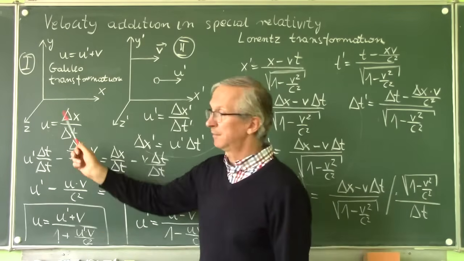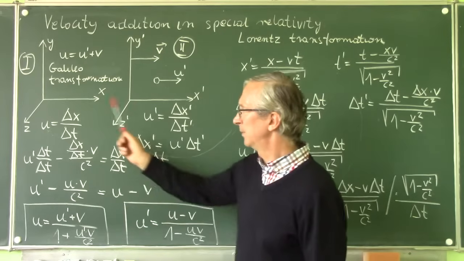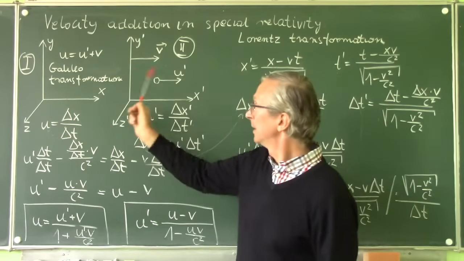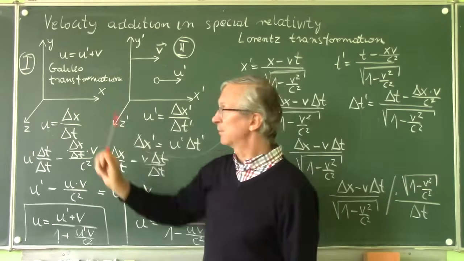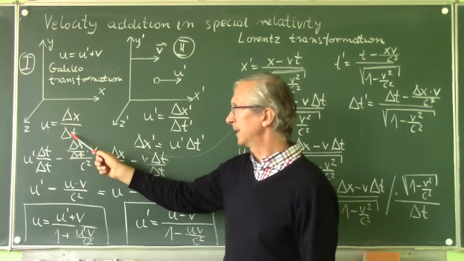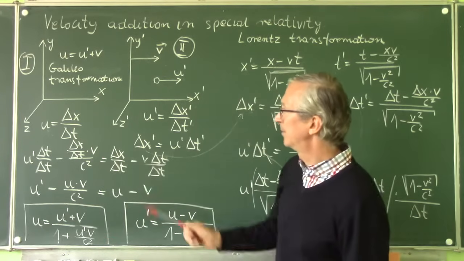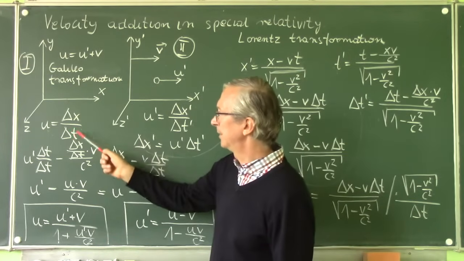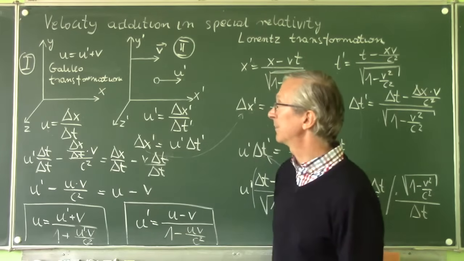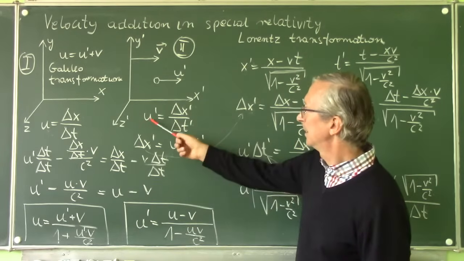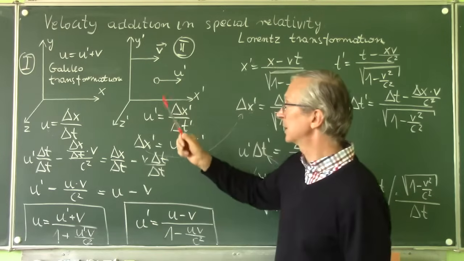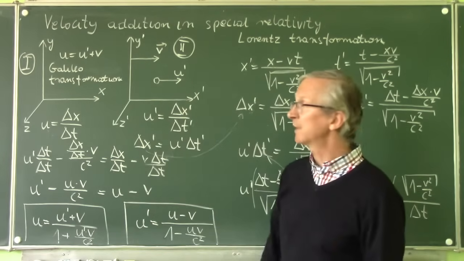We write here equations for u. It is velocity of this object measured by the first observer. It's equal to delta x divided by delta t. Both values are measured in this frame of reference, and u dash will be velocity of this object measured in the second frame of reference.